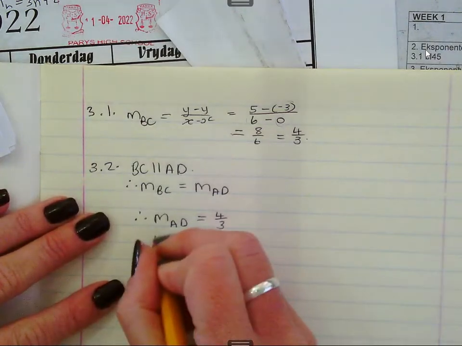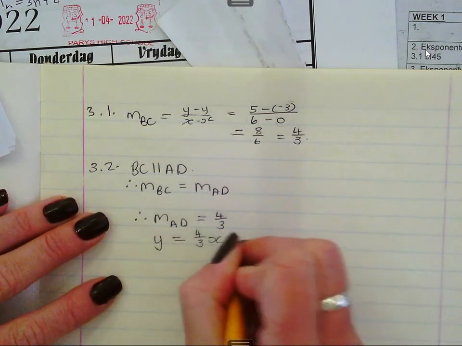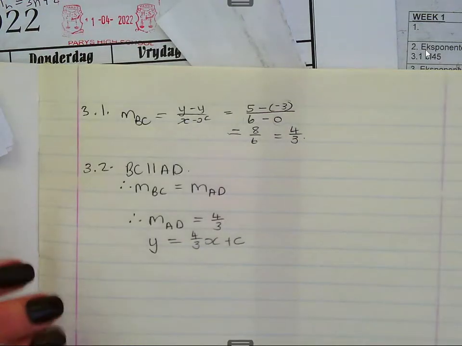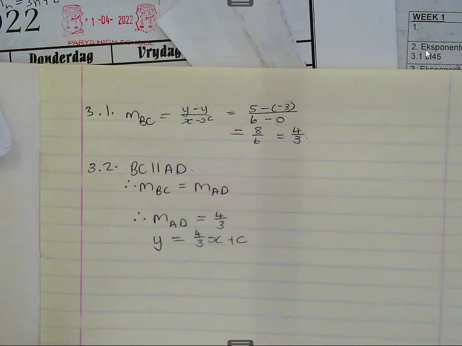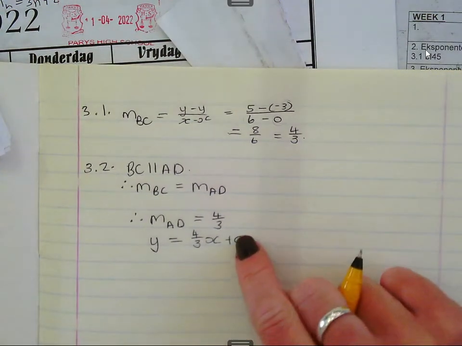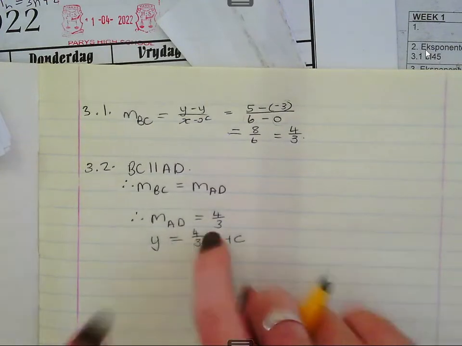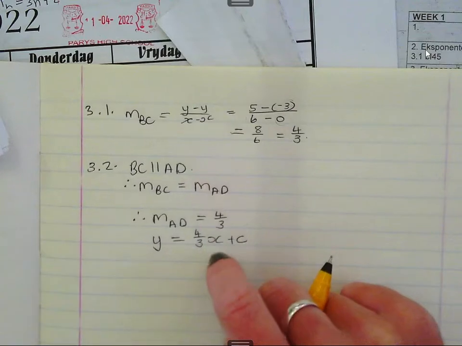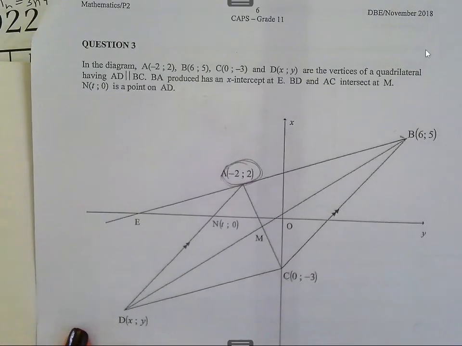And I can put it in the equation. y is equal to 4 over 3 x plus c. Now once you have either the gradient or the y-intercept, which is c, all you need is just one other coordinate that you can substitute into x and y. Now if you look at that line AD, that coordinate must be on AD.